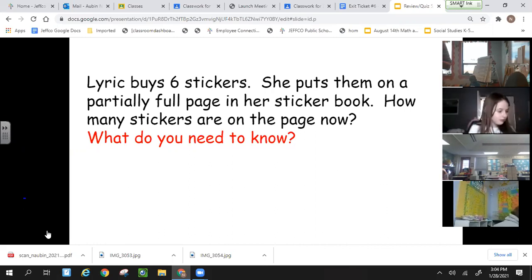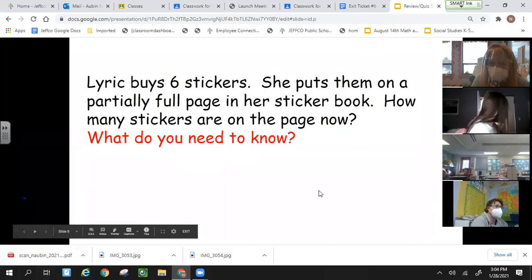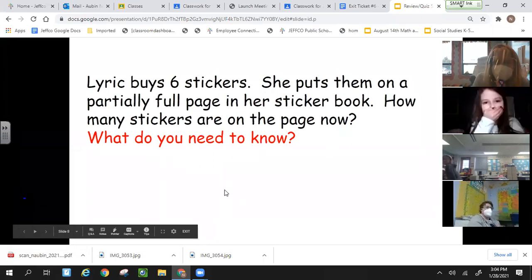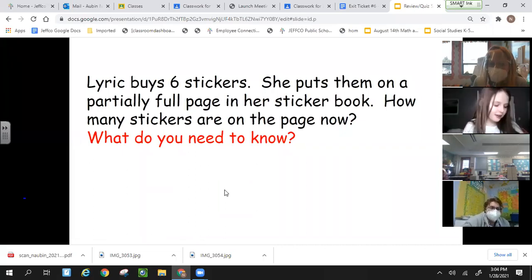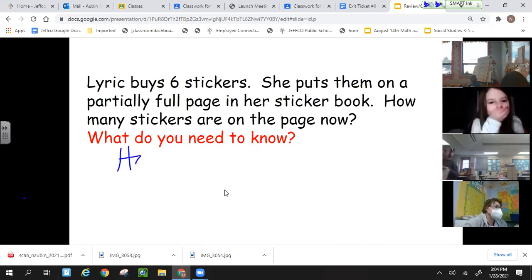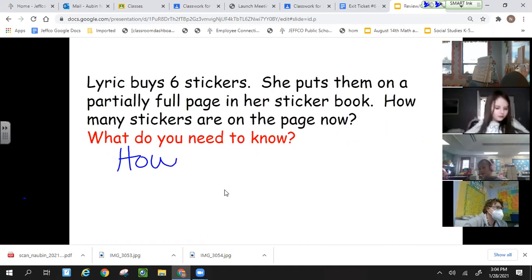All right, Astria. What do we need to know, Miss Astria? Can you unmute and share with us? We can't solve this because we need to know what? How many stickers were on the page before she put 6 more stickers on? Excellent. How many did she have before? Lennox said, how many were there at first? We need to know how many stickers are on the partially full page.